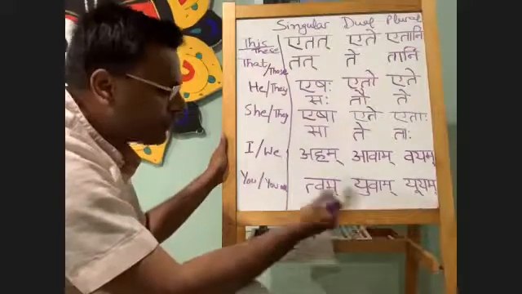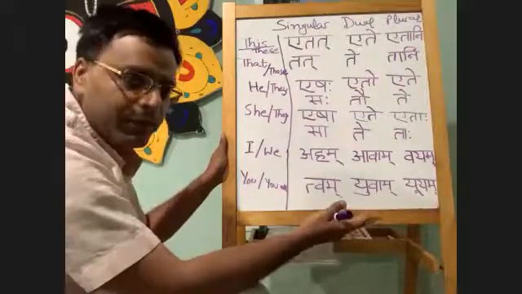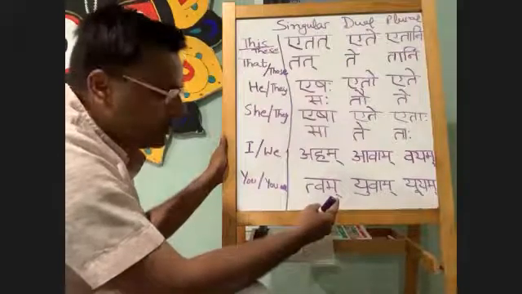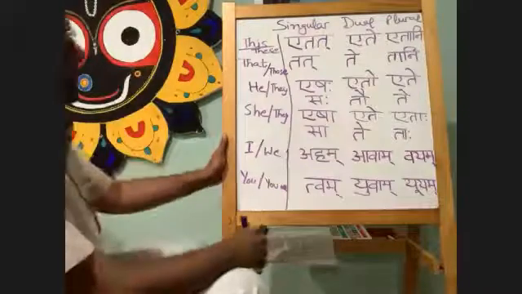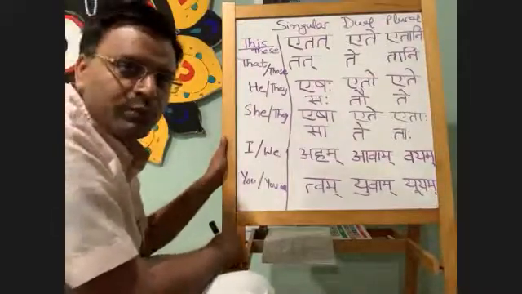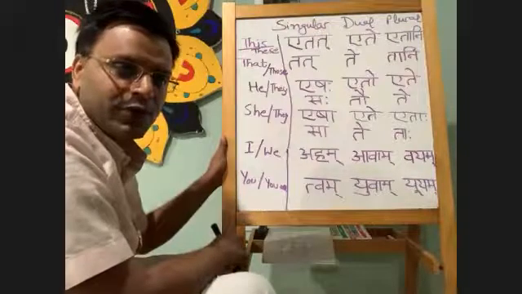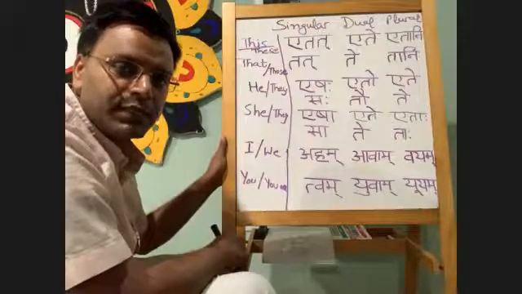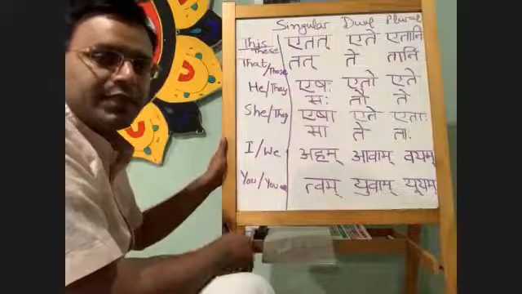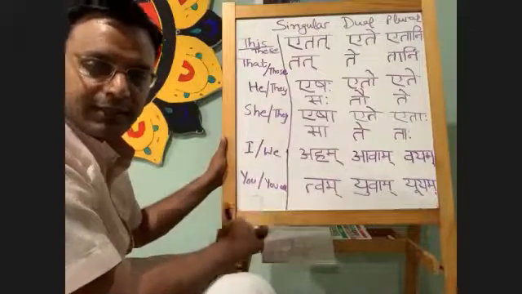Same for tvam, yuvam, yuyam. So tvam pathasi. We'll go into more detail about verbs also, because verbs change when you are addressing a different person, singular, dual, or plural, and for present tense, past tense, and future tense.